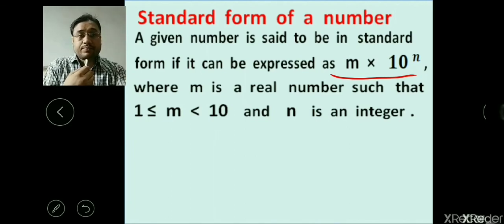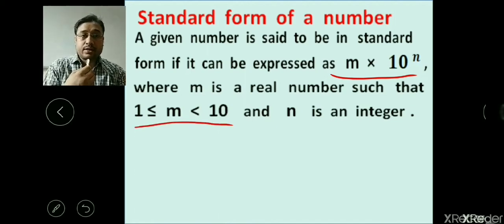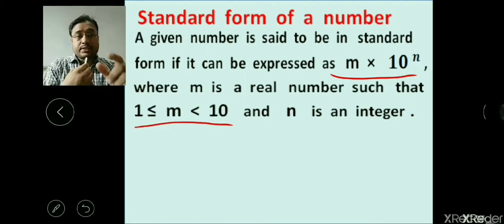The value of m lies between 1 and 10 only. So that's why it is written that m is less than 10 but greater than or equal to 1, and it is a real number, so it can be rational or irrational, any value.